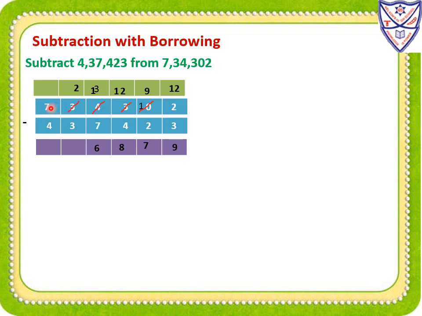So we have to borrow from 7. So this 7 will become 6 and this 2 will become 12. So now 12 minus 3 we will get 9. Now at the lakh place, 6 minus 4 we will get 2. So our answer is 2,96,879. This is the difference.